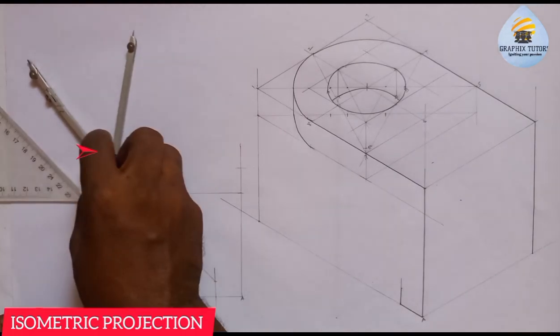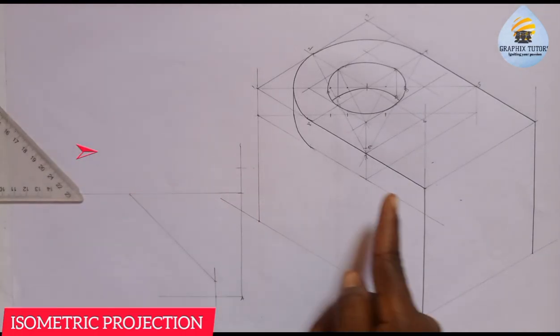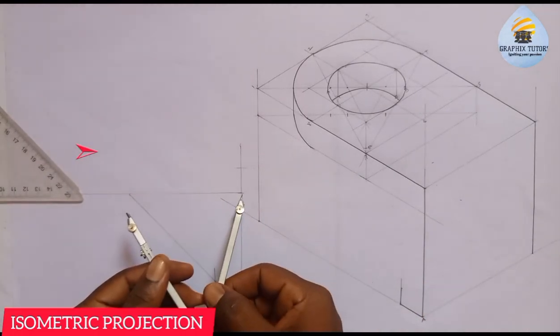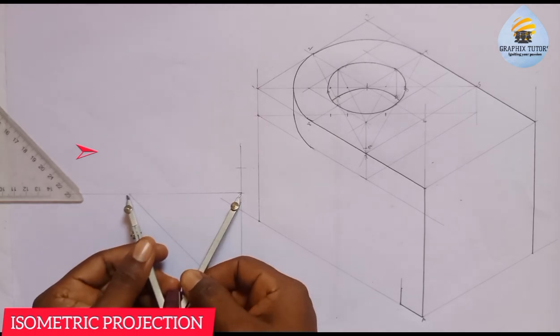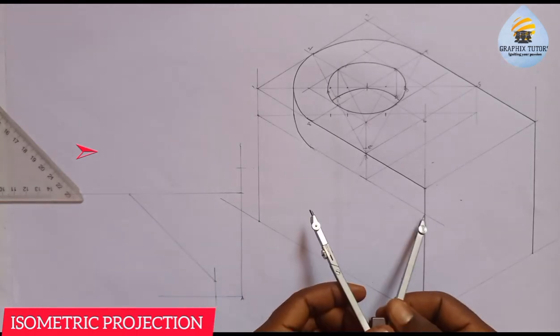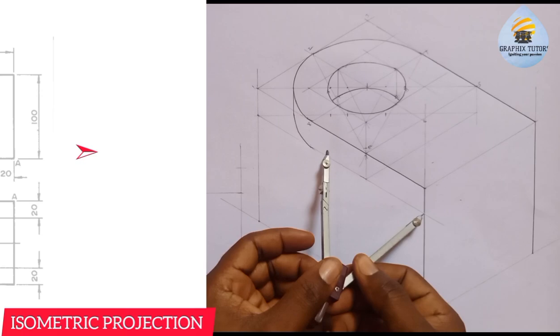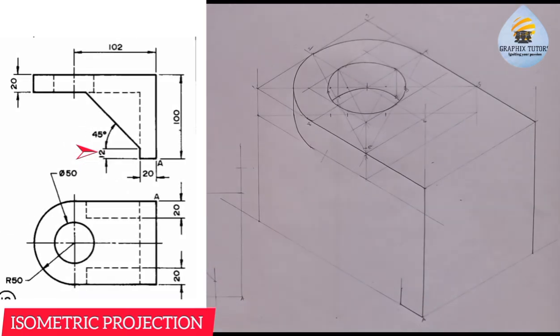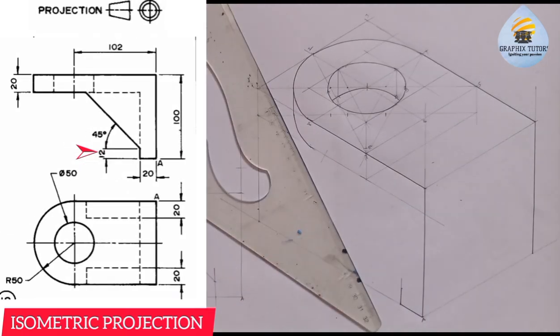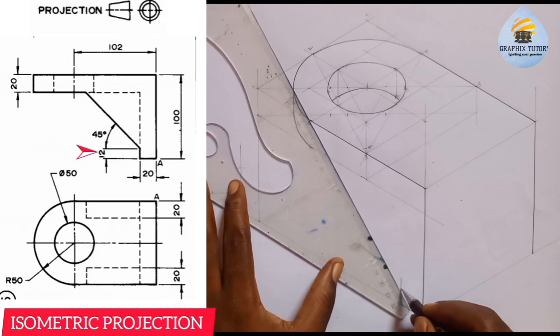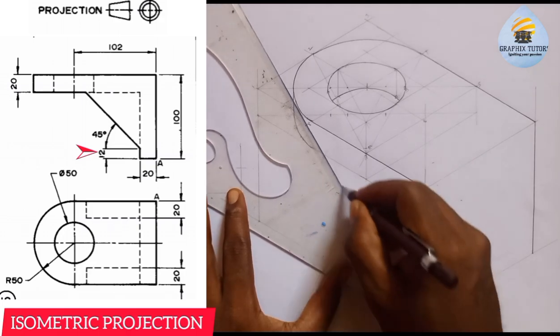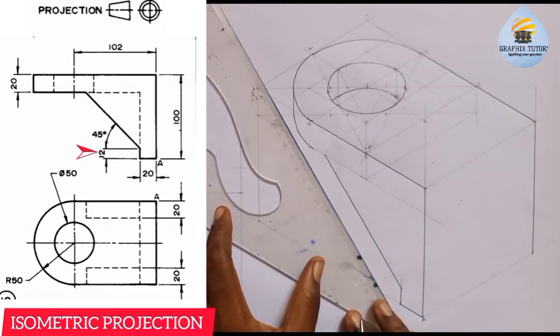Line. So what I did is, from this end to this end will be somewhere around here. So I'll just measure it. And I'll come here. I'll strike an arc. So where it meets, that is where I'm going to draw my line to. Hope you can see that.